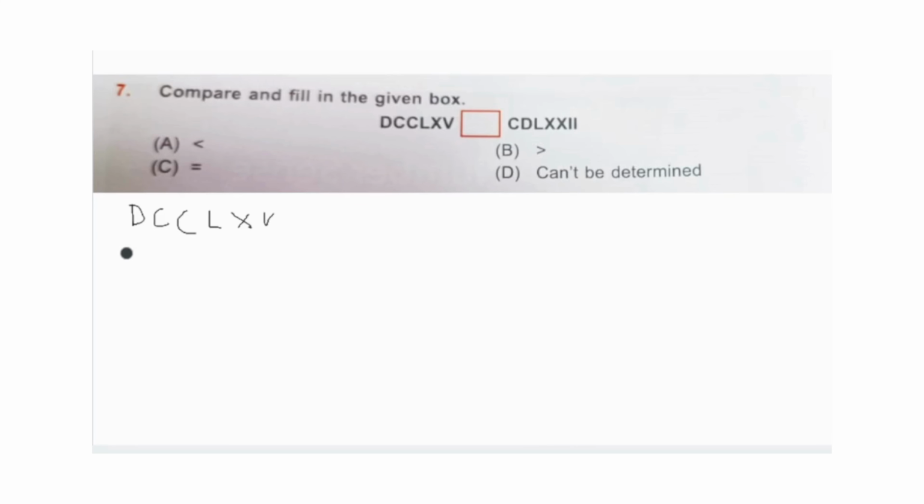The value of D is 500 and C is 100. Then again you have C, which is 100. Then you have L, which is 50. After L you have X, which is 10. And then you have V, which is 5.